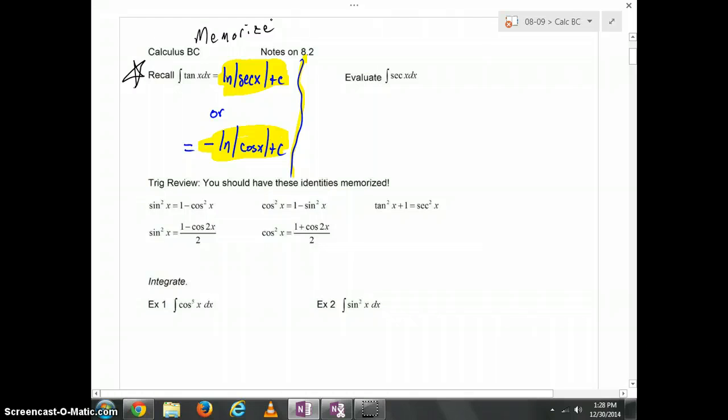The same thing with secant. We're going to memorize this as well, but let's actually prove what the antiderivative of secant is. And what we're going to do real quickly is multiply through by a helpful form. I do want to say this much, that even if you would have done integration by parts, it really wouldn't have been helpful.